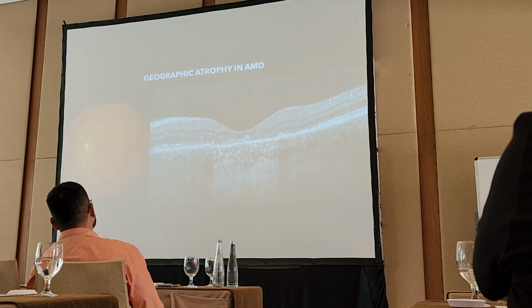You see the thickness of the retina over here is poor, and then we can also analyze here that the ellipsoid zone, the external limiting membrane, even the RPE is gone over here.